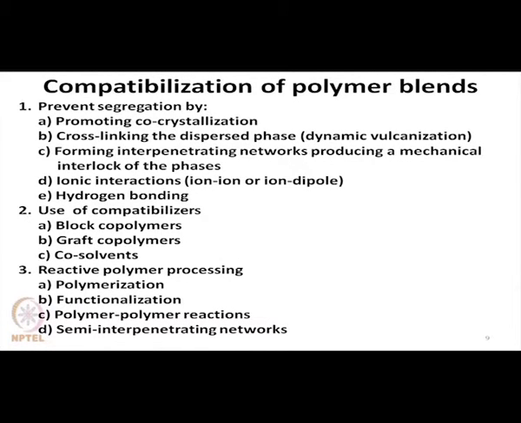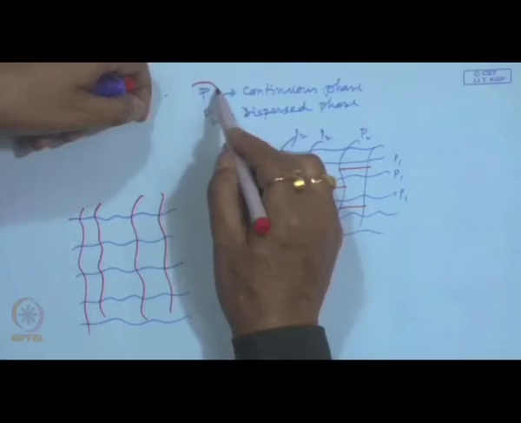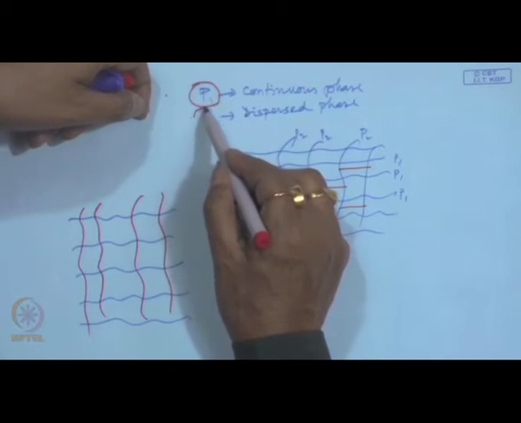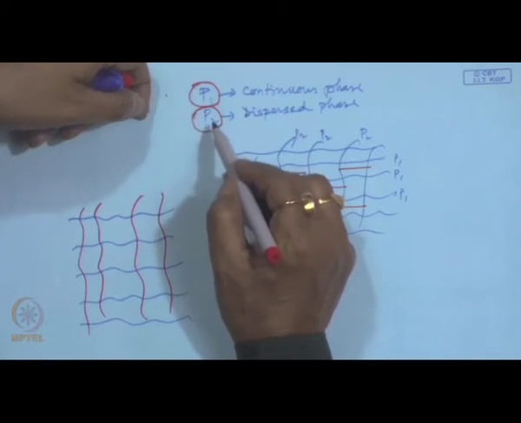Then ionic interactions, say polar interactions. Say one polymer, P1, can have some ionic group. Now, the ionic groups of P1 can interact with some other ionic group of P2.